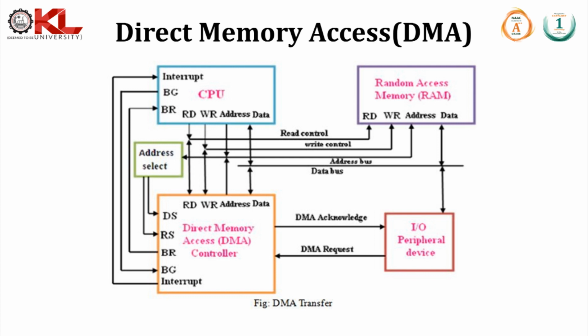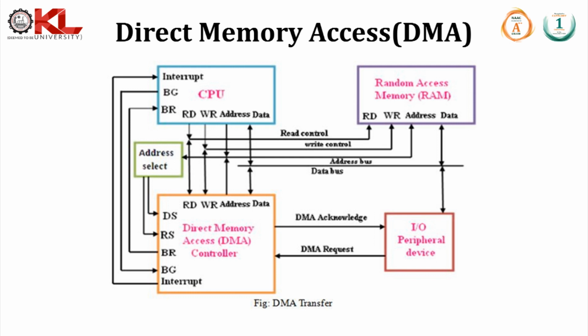Here it consists of various pins like DS, RD, BG, and so on. DS is used for device select, RD for reading, BG for bus grant, and BR for bus request activities. When the CPU initiates data transfer from the I/O device to main memory, the CPU instructs the DMA controller to handle the task.